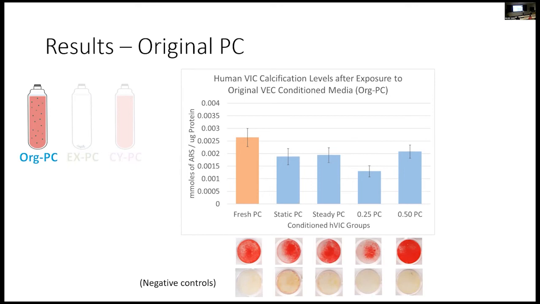And right here in the bottom row, we have the negative controls. Each of these groups are VICs exposed to VEC communication media, but without the pro-calcific ingredients. And while there is no statistical significance across any of the flow groups, we do see a significant difference between the fresh media control and the 0.25 group.